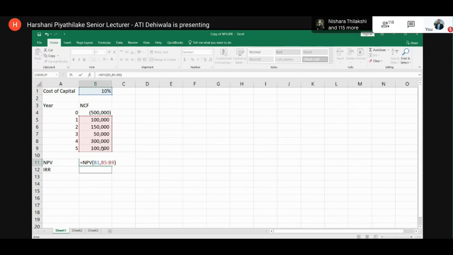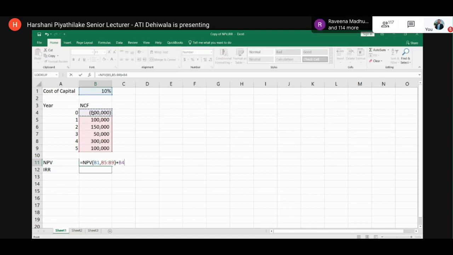But again, to get the net present value you have to add this 500,000. Is this correct, Chandimis? Yes, it's correct. B5 to B9 is the particular range.